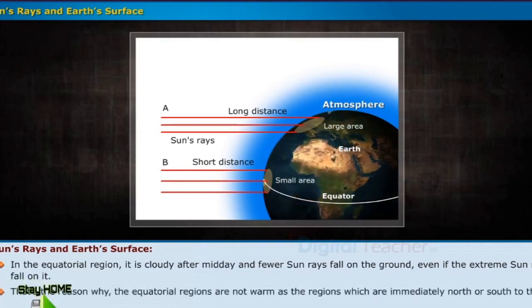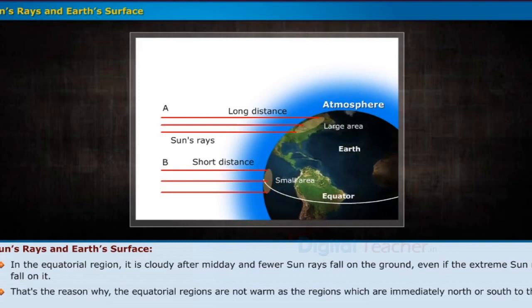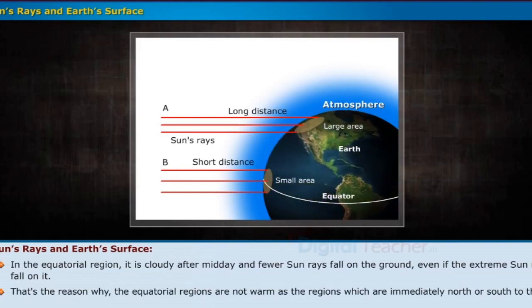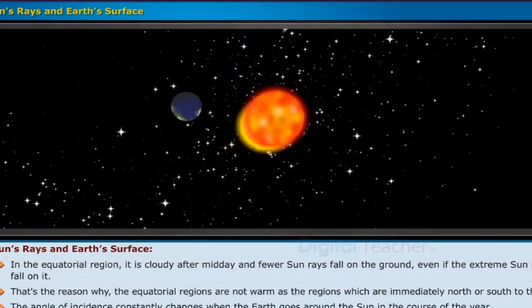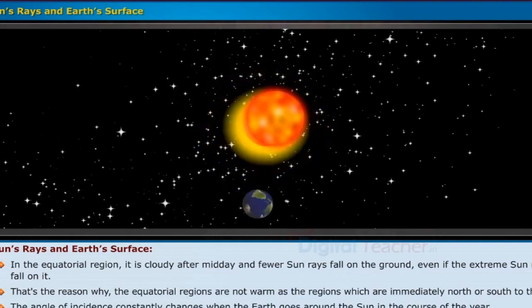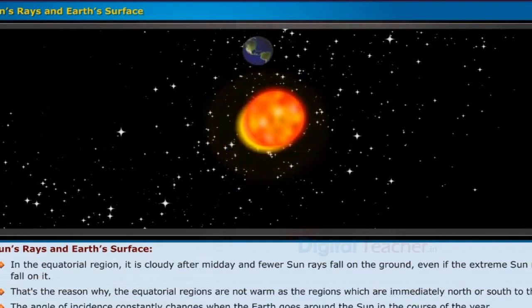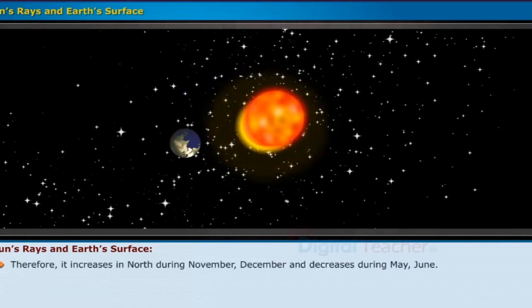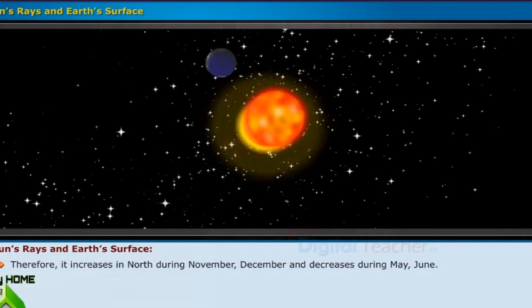That's the reason why the equatorial regions are not as warm as the regions which are immediately north or south to them. The angle of incidence constantly changes when the Earth goes round the Sun in the course of the year. Therefore, it increases in north during November, December, and decreases during May, June.